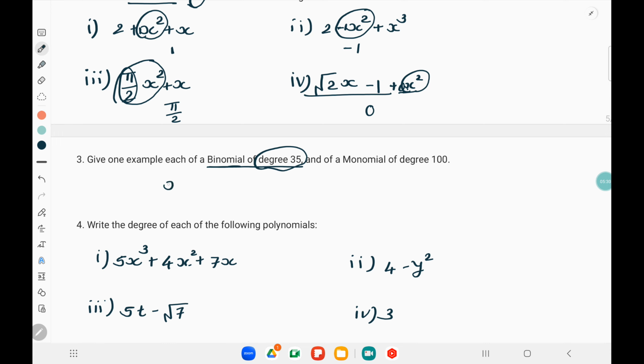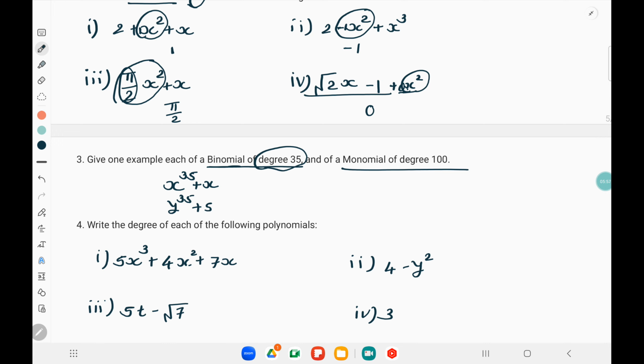So I could write x to the power of 35, and for the second term I can write any number or letter, whatever we wish. This is the example. You can even use any other letter as well. They ask for only one example, but we could write 2, 5, or any number or any letter.